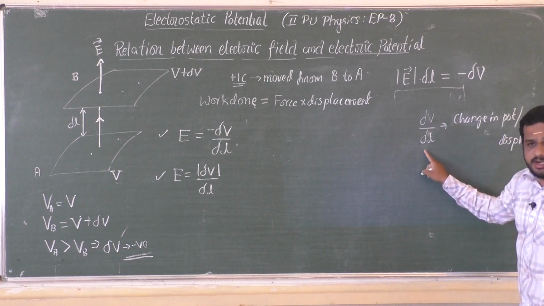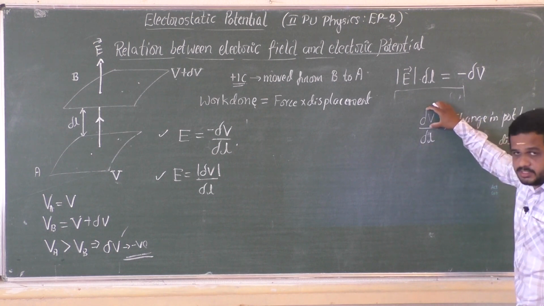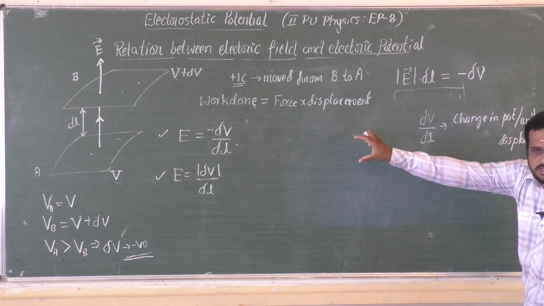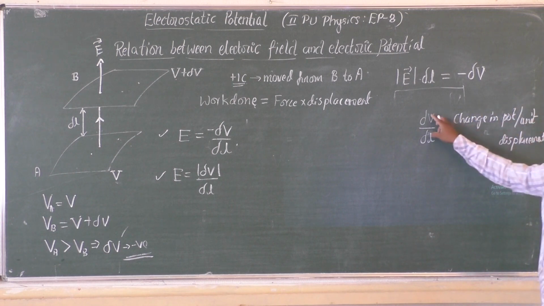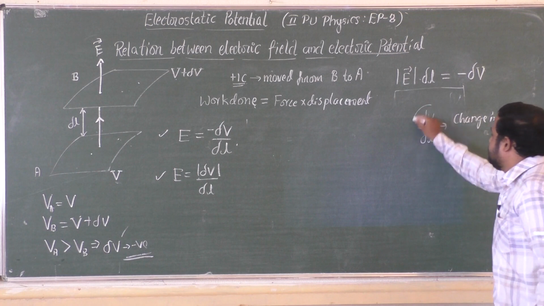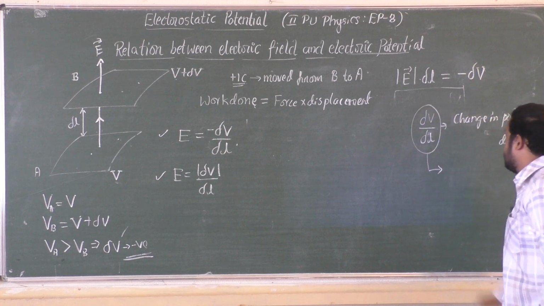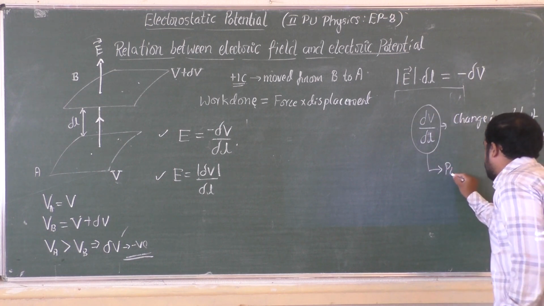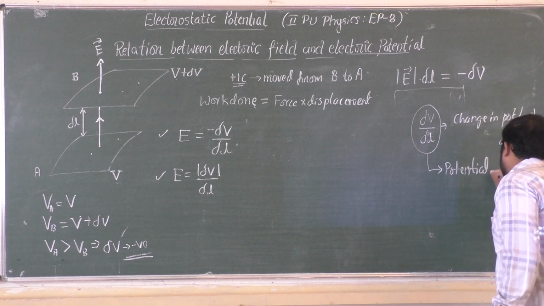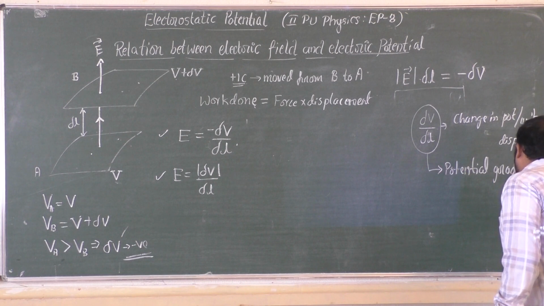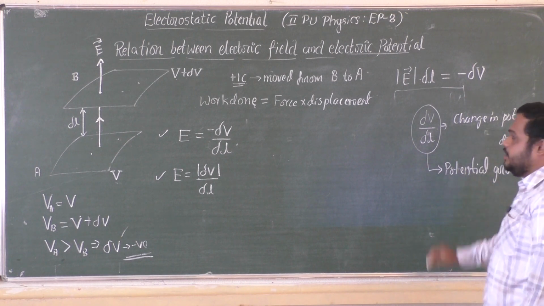Delta V represents change, delta L represents displacement. So change in potential per unit displacement is called potential gradient.